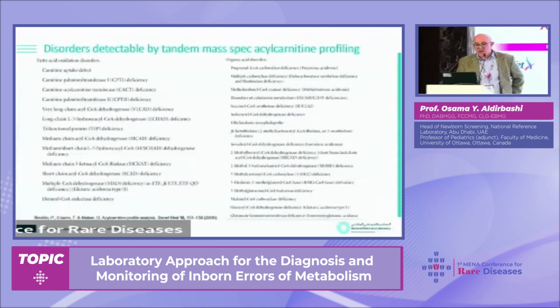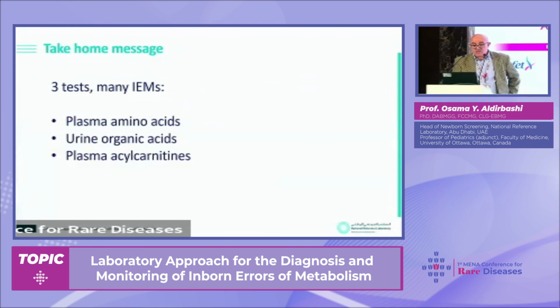Now, the next group of disorders that can be detected with the third technique that we spoke about, which is the plasma acylcarnitine, is the fatty acid oxidation diseases, where we can detect a huge number of them, starting with the carnitine cycle: carnitine uptake defect, CPT1 (carnitine palmitoyltransferase type 1) and type 2, CAC, very long chain, 3-hydroxyacyl-CoA dehydrogenase.